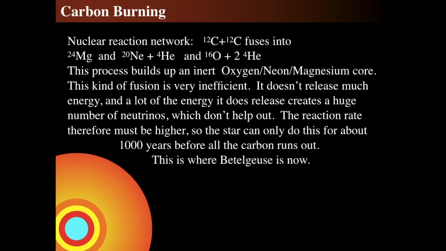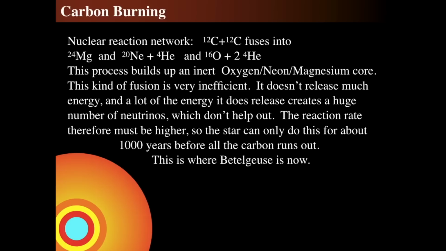Now, the oxygen-neon-magnesium core is also inert because it's not hot enough to fuse oxygen into anything heavier. And so carbon 12-12 fusion creates the products of magnesium, or neon and helium, or oxygen and helium. Those are its byproducts when carbon 12 smacks into another carbon 12.